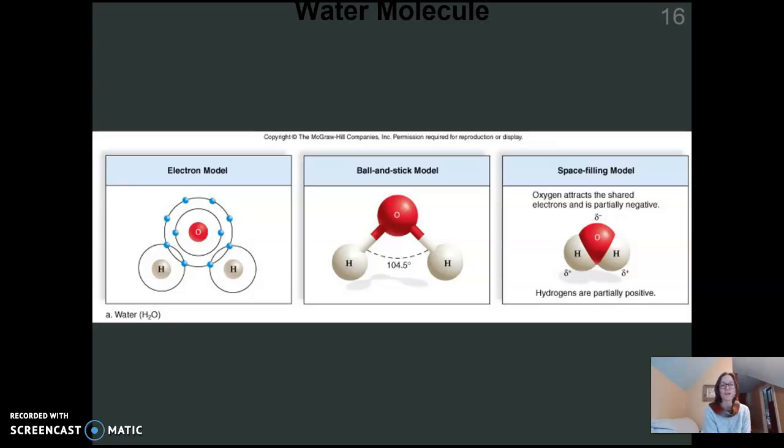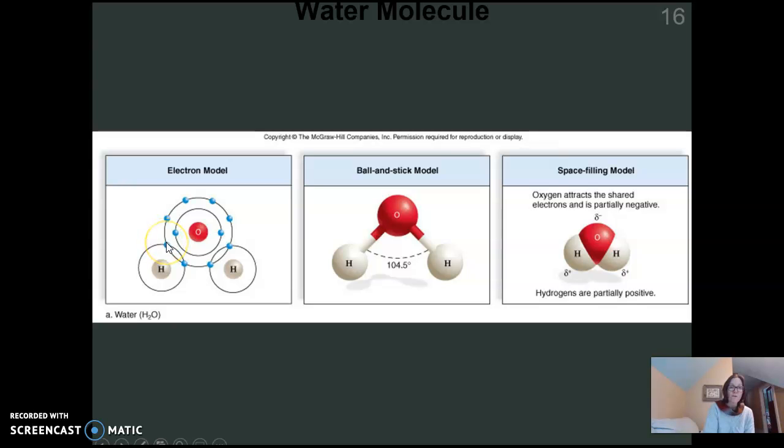And this picture is showing water, and these are different ways to represent a water molecule. You'll notice we have one oxygen next to two hydrogens, and we have little blue electrons here. Hydrogen has one proton and one electron. Oxygen has 6 electrons in its outer shell.